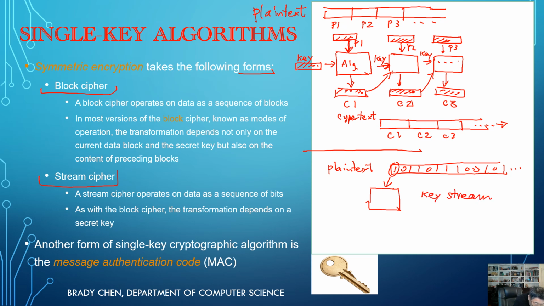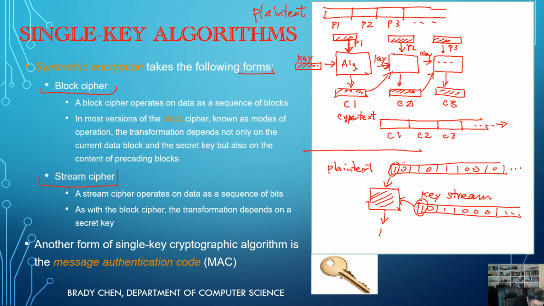So the key will be in the form of a string. The first bit of the plaintext is mixed with the first bit of the key string and generates another bit. It could be 0 or 1, depending on the algorithm. Let's say 1. That's the first.